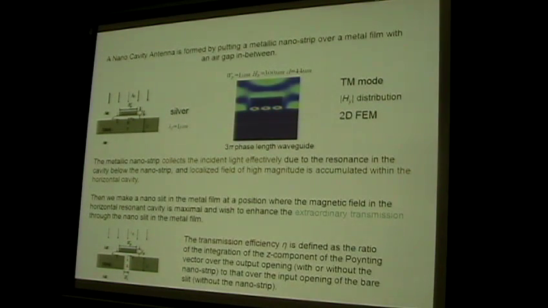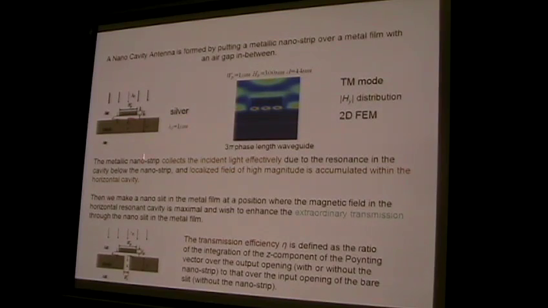But it turned out that the result is contradictory to what you're saying. And I'm going to explain the reason why with this structure we can actually greatly enhance the transmission rather than reduce the transmission in this case.